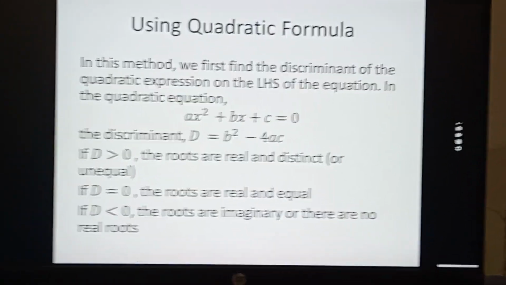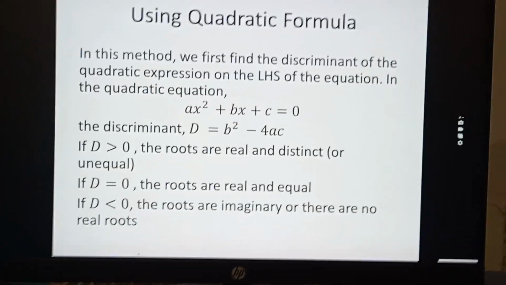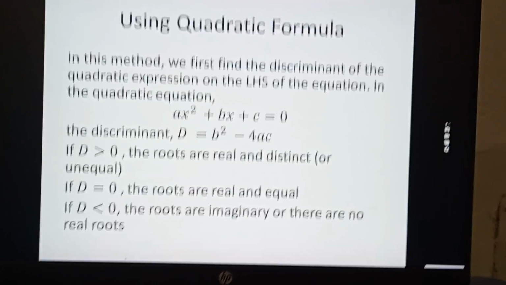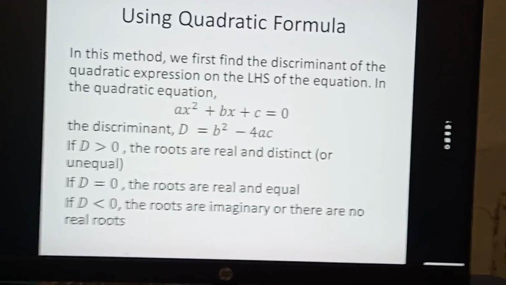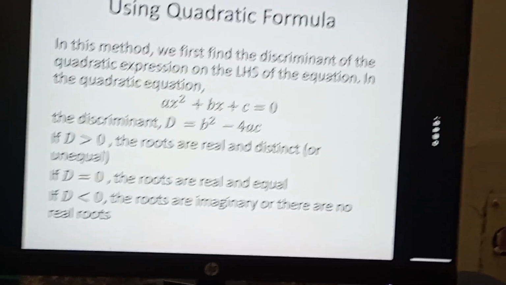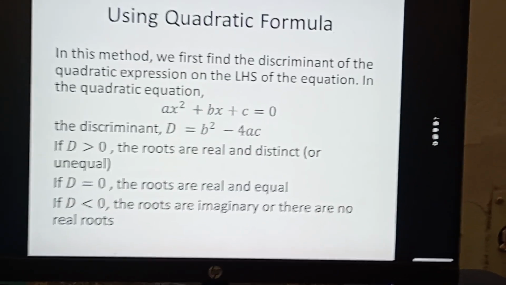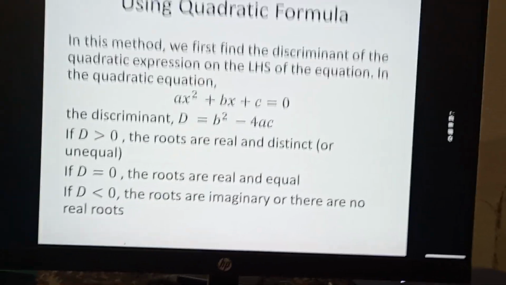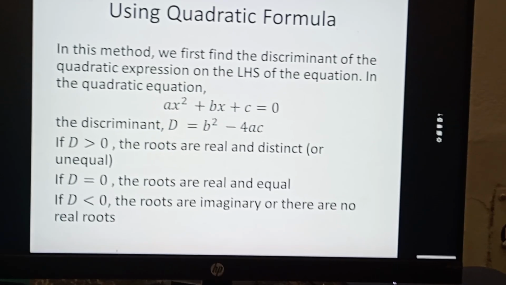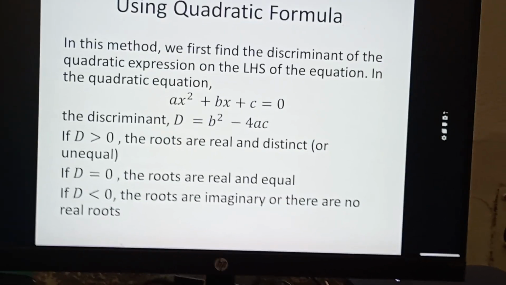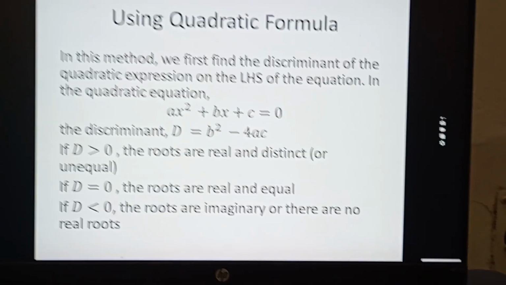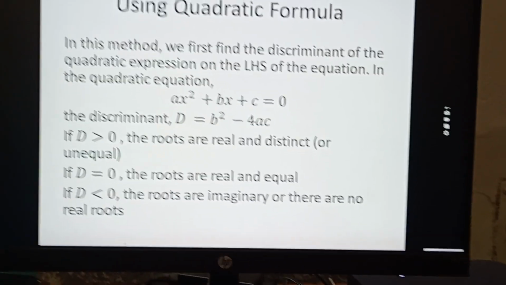The second method is using the quadratic formula. In this method, we first find the discriminant of the quadratic expression on the left-hand side of the equation. In the quadratic equation ax squared plus bx plus c equal to 0, the discriminant denoted by capital D is equal to b squared minus 4ac. Evaluate that expression.